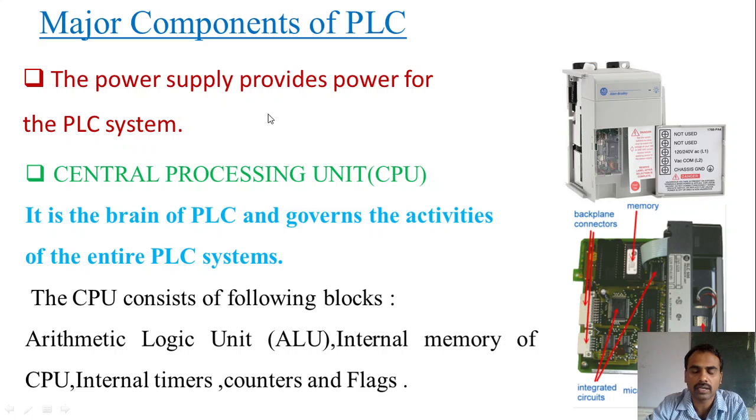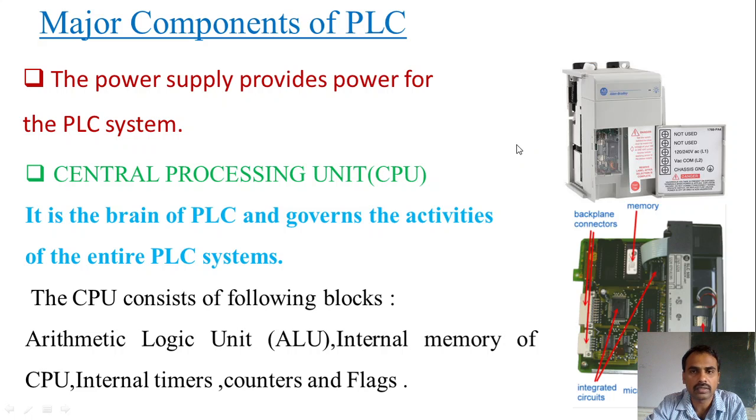Say, for example, the PLC operates at 120 VAC. This power supply unit maintains that voltage to all of its components, such that any power fluctuations will not go into the system components.